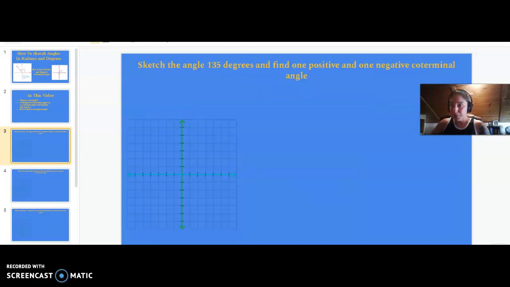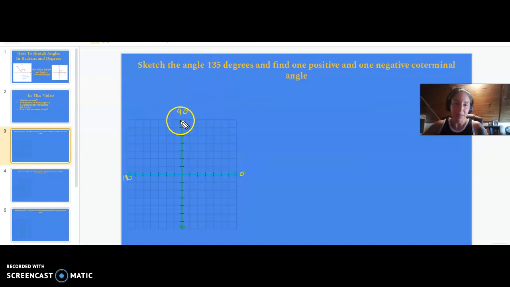Okay, sketch the angle 135 degrees and find one positive and one negative coterminal angle. First things first, let's sketch the 135. On a coordinate axis, this is 0, straight up and down is 90, and if we keep going, this is 180. Where does 135 fall?